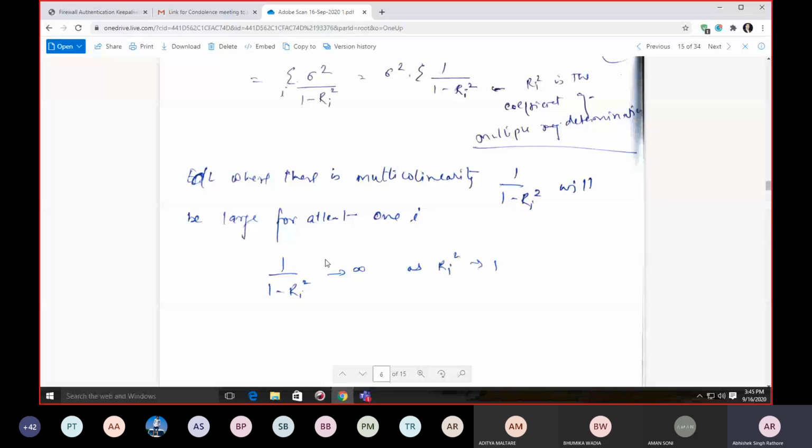It means that your correlation is exactly equal to 1.